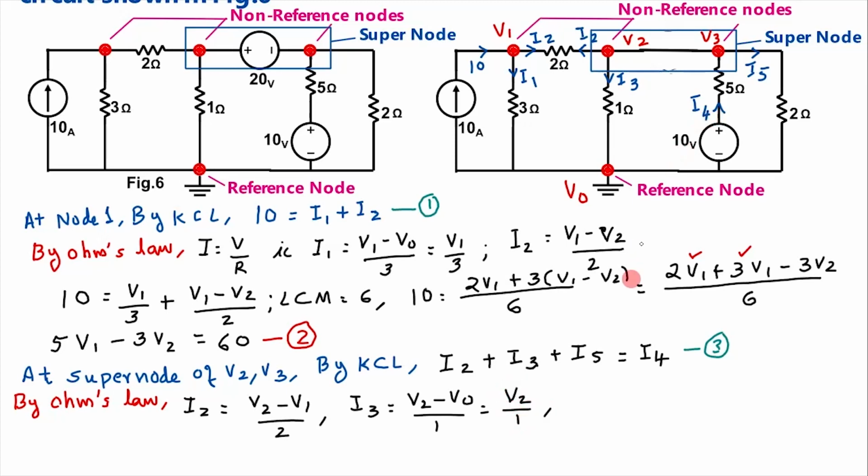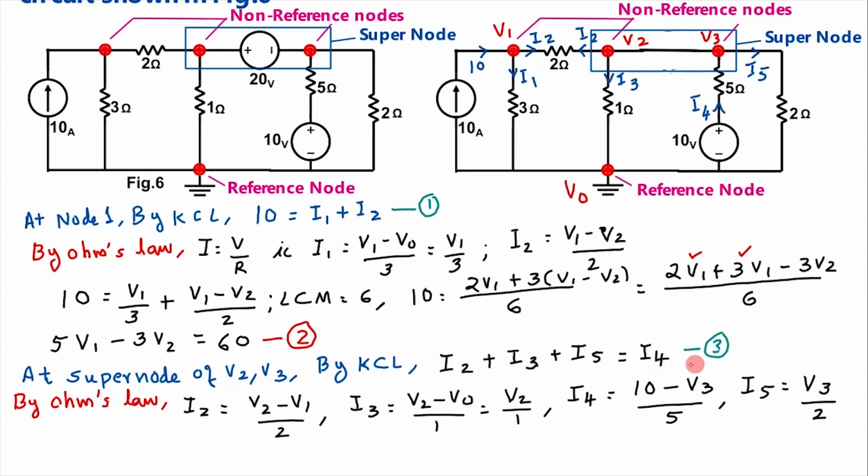Next, I4 is equal to 10 volt minus V3 divided by 5 ohm resistance, since here this 10 volt is coming and V3 is coming here. And I5 is equal to V3 minus V0, which is 0, divided by 2 ohm. That is V3 divided by 2 ohm.